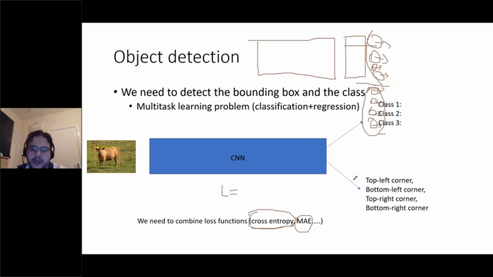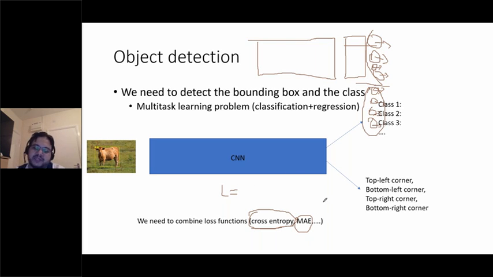Are you happy with my explanation of why we use a combined loss function? Amel, are you happy? Yes. We use a combined loss function. In terms of coding, it's not that much.